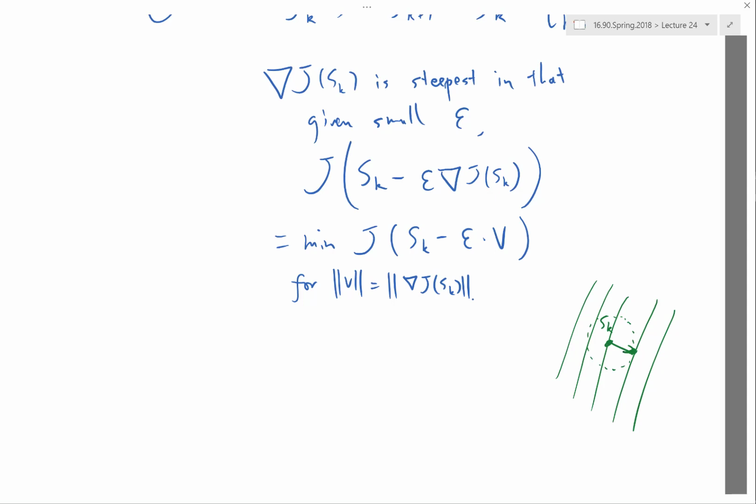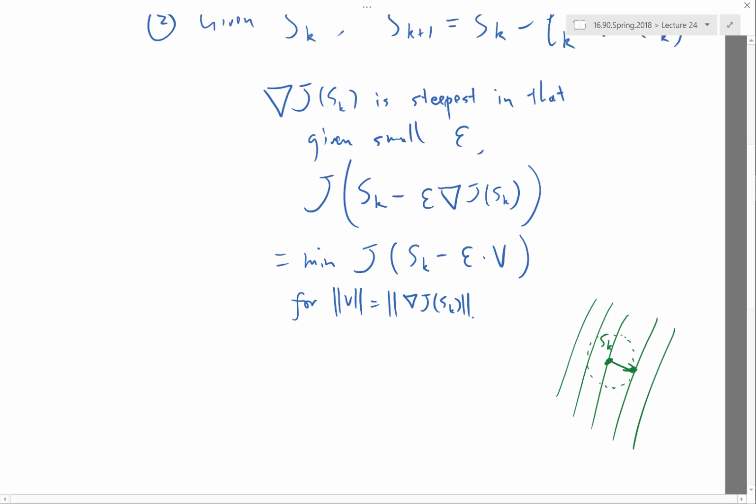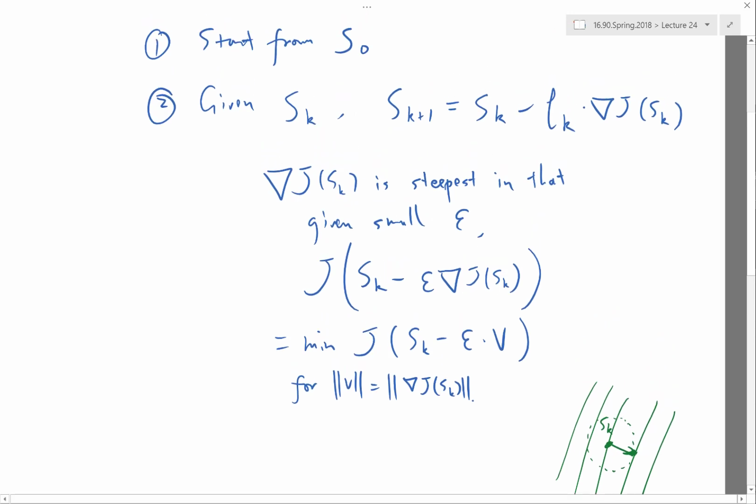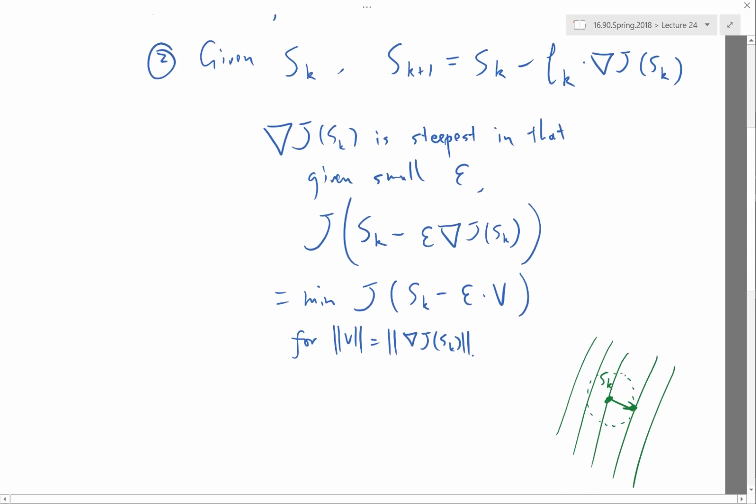The only reason we don't always use steepest descent is that my step size, lk, is not always going to be infinitesimal. How big of a step I can take doesn't depend on the local contour, but on how that contour changes as I step further and further away.